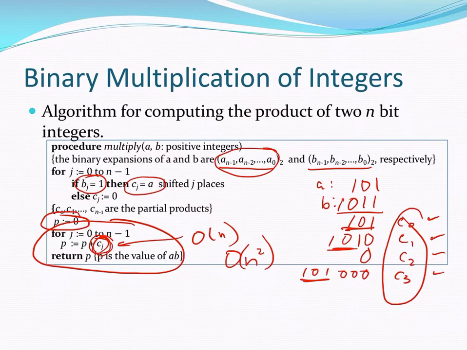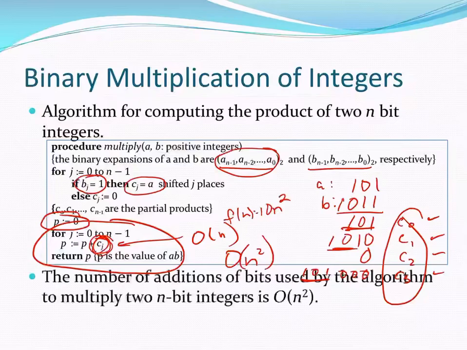If you want to think about it, since we're potentially shifting our numbers, basically doubling the length of them, the additions are going to be f(n) equals 10n because we're potentially doubling the length, and then we're going to execute that n times to get n squared, which is big O of n squared.